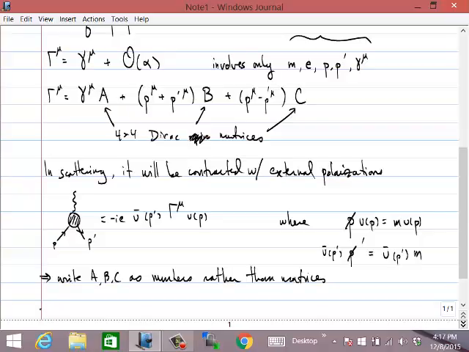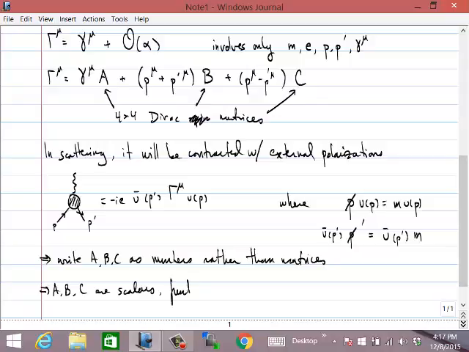That is to say, A, B, and C are scalars and are functions only of these quantities here: M, E, P, and P prime. And in fact, if you imagine that you have external electrons or positrons that obey the equation of motion, P squared equals M squared, you see that indeed they can't actually depend on P and P prime independently.